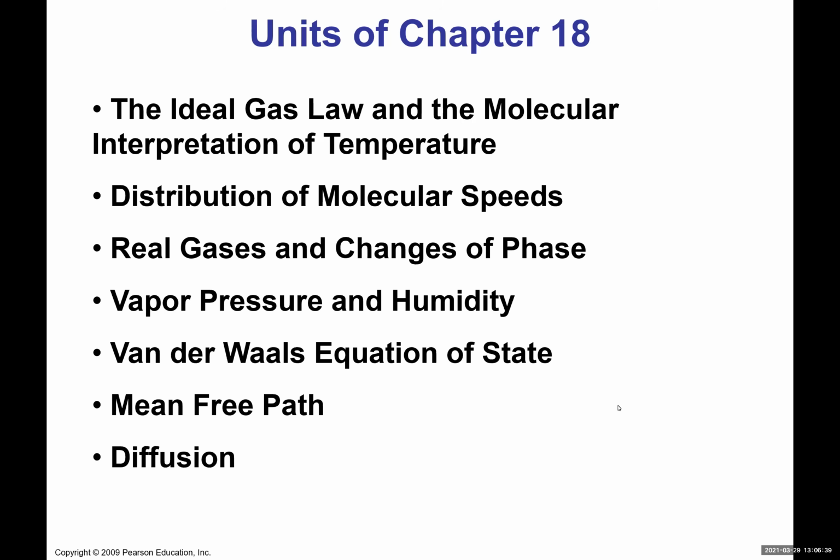So the van der Waals equation of state gives us a slightly different view of the pressure and volume in the system, if you don't ignore some of those little things that contribute to the differences between the ideal gas law and real gas equations. Then we're going to look at mean free path and diffusion. So those are some of the units in this chapter.